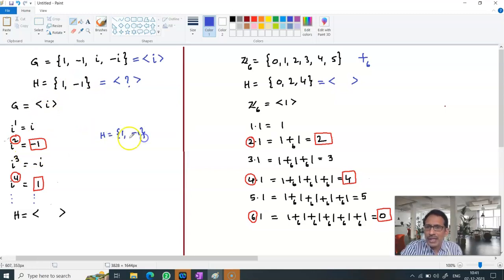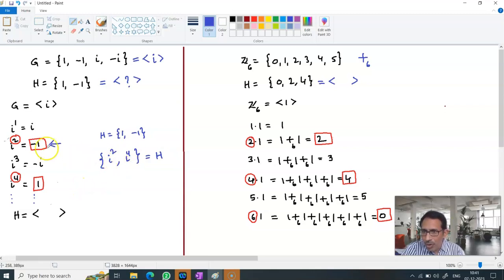You should also get the elements of H when you raise i to different integer powers, right? Now, among them, see here, i raised to 2 is minus 1 and i raised to 4 is 1, okay? So these two elements form H, isn't it?